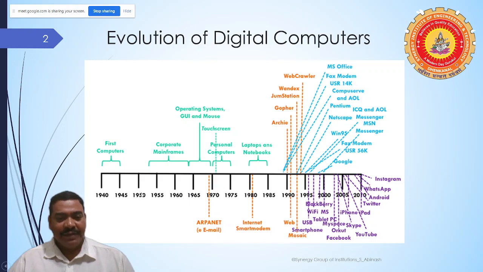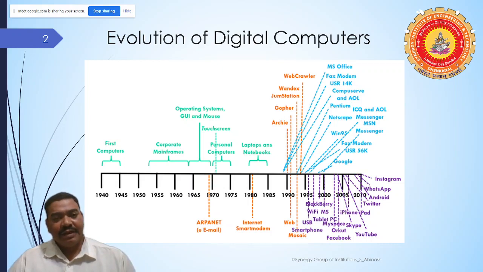In the year 1950, the ENIAC, Electronic Numerical Integrator and Calculator, was designed by John von Neumann, which is known as the modern computer architecture, or John von Neumann's architecture. Apart from this, a number of corporate machines known as mainframe computers were also designed.